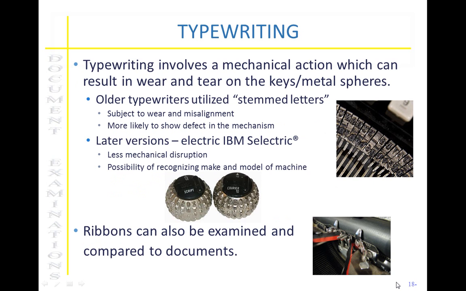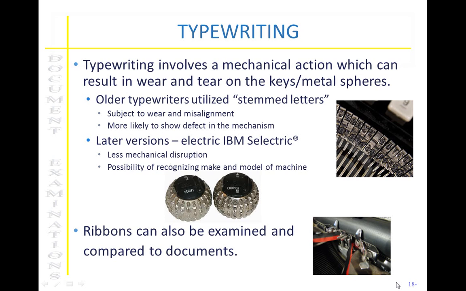If we next think about some of the other machinery that might create documents for examination, the first of these would be a typewriter. And typewriters aren't as commonly used nowadays, but there still could be the chance that a document examiner may have to work with a document that has been produced on a typewriter.